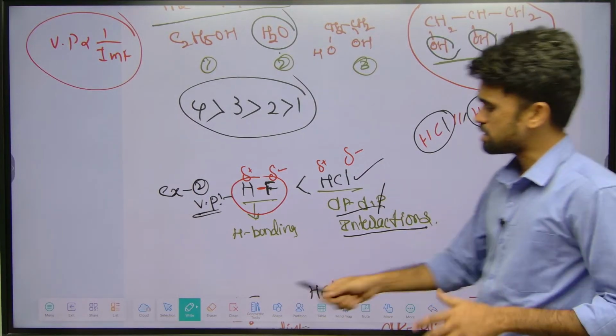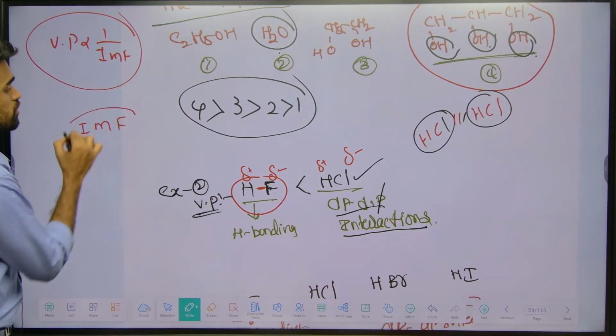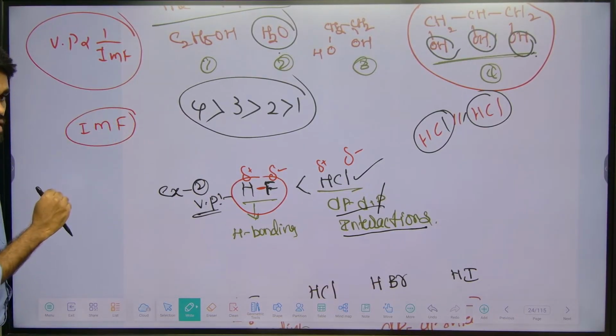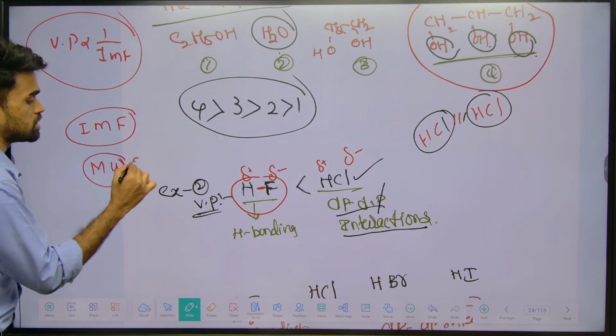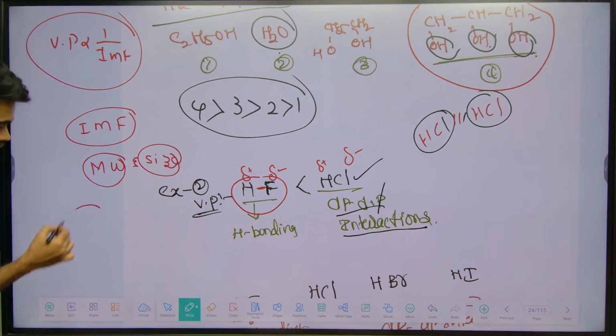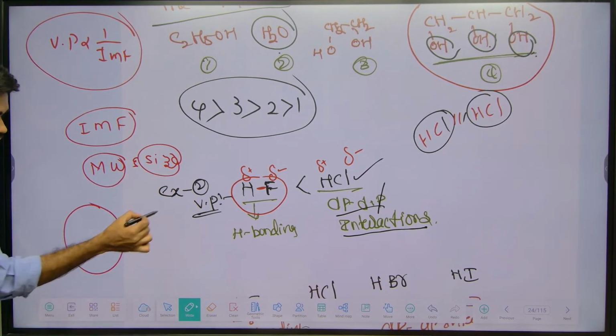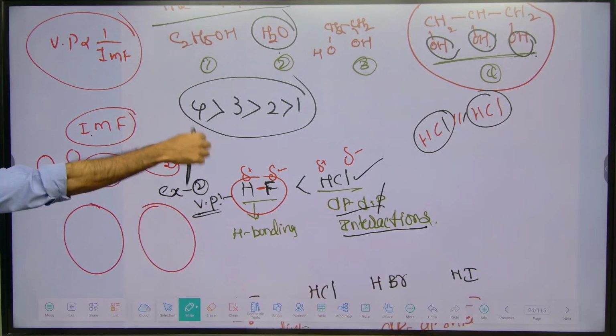The first thing I have considered is intermolecular forces. If intermolecular forces are not dominating, what do we need to look for? We need to look at their molecular weight or size. The bigger the size, see, this is one big molecule, another big molecule like this. This is one small molecule, this is also a small molecule. There are no attractive intermolecular forces like hydrogen bonding.